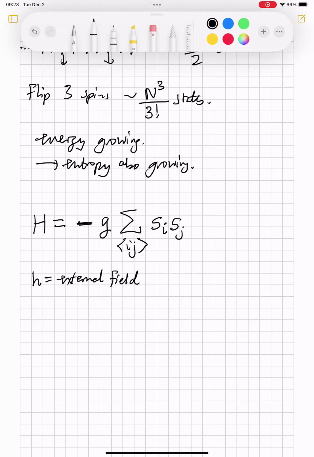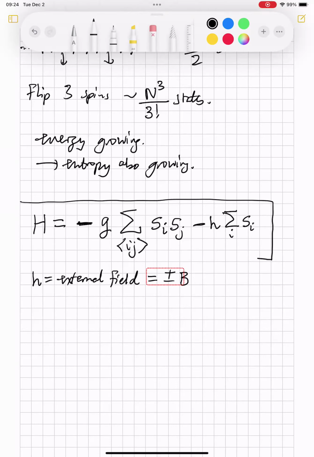So I will add a term which is minus h, and this will just couple to the total magnetization of the system, the sum over all of the spins. h is an external field. I will imagine that I can take the values plus or minus h.